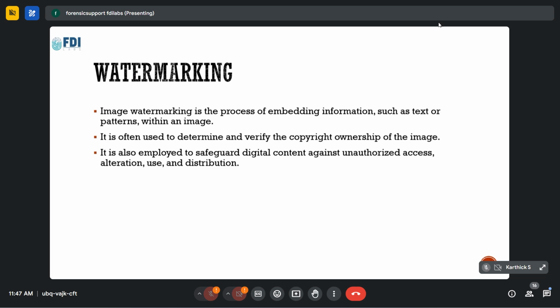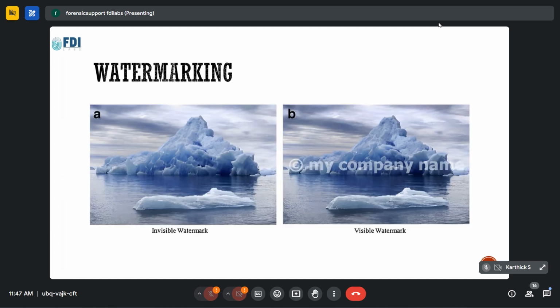It may be a text, it may be a pattern, it may be a content, but this information must be added at the time of recording itself, I mean, at the time of creation of that data, or immediately after the recording of that data. So this is another example of how watermarking is done in the active image authentication procedure.